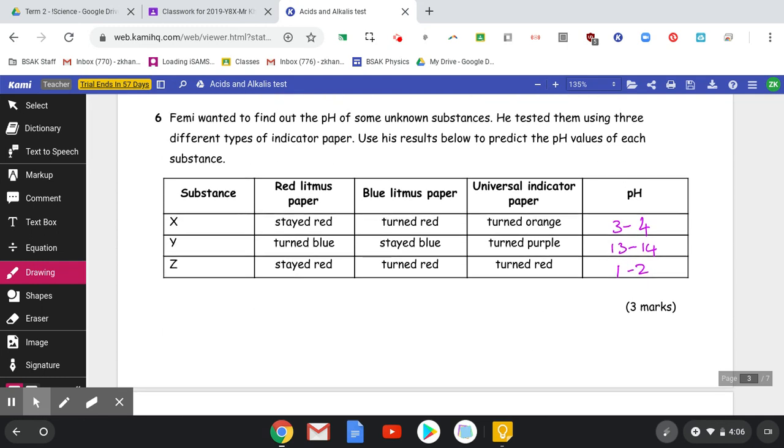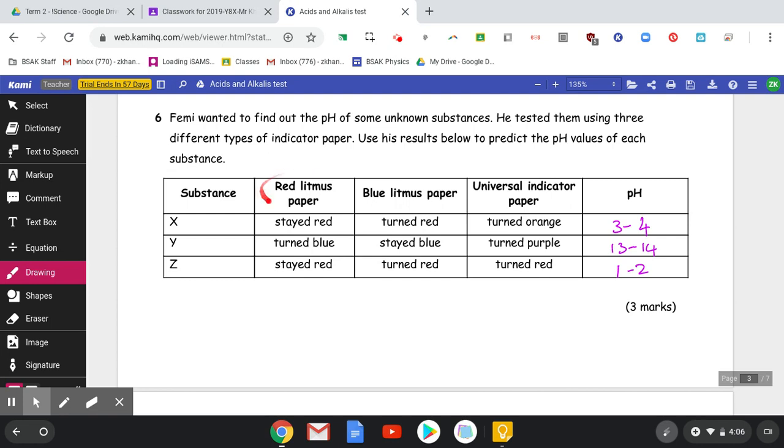Now, one of your tasks was to look at how we determine whether something is an alkali or an acid. We looked at 3 techniques in one of the videos. One was red litmus paper, one was blue litmus paper, and the other one was using a universal indicator.